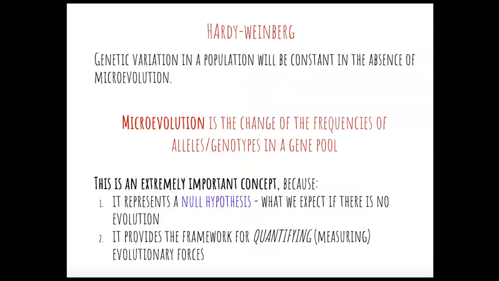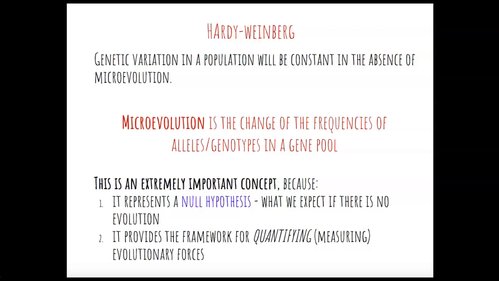So in population genetics, we talk about the Hardy-Weinberg principle or the Hardy-Weinberg equilibrium. And this states that genetic variation in a population will be constant in the absence of microevolution. So we're saying that without microevolution occurring, genetic variation will be the same from year to year.